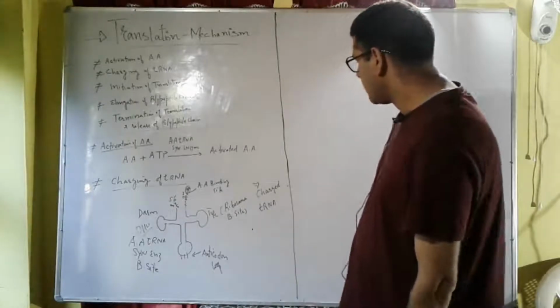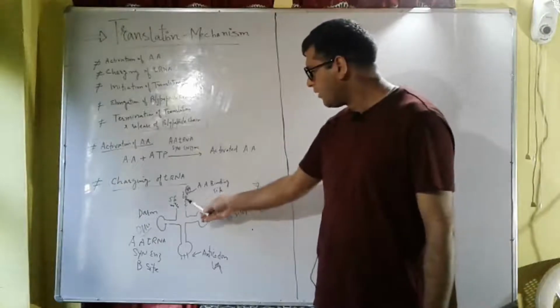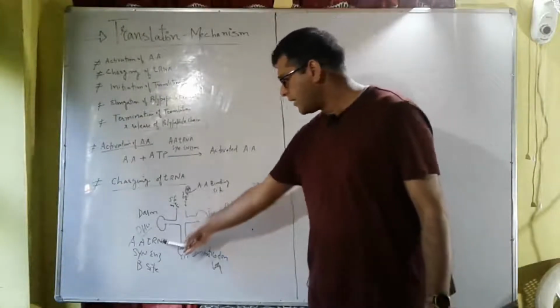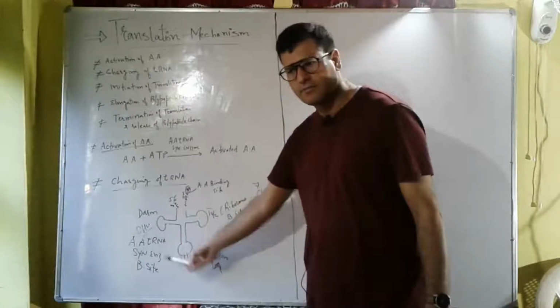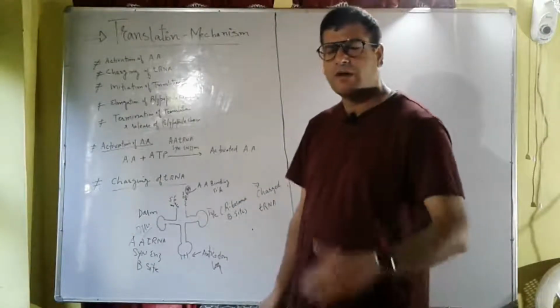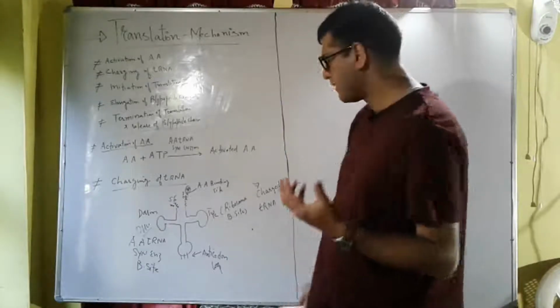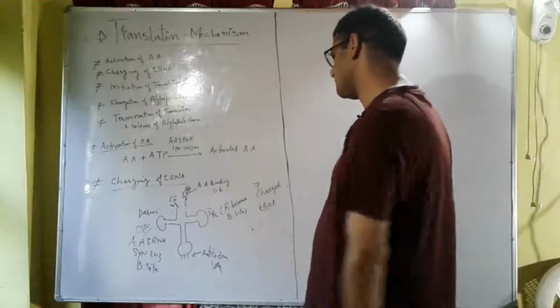And in this charging of tRNA, the amino acid is loaded on the tRNA by amino acyl tRNA synthetase enzyme. This amino acyl tRNA synthetase enzyme is specific for each amino acid.